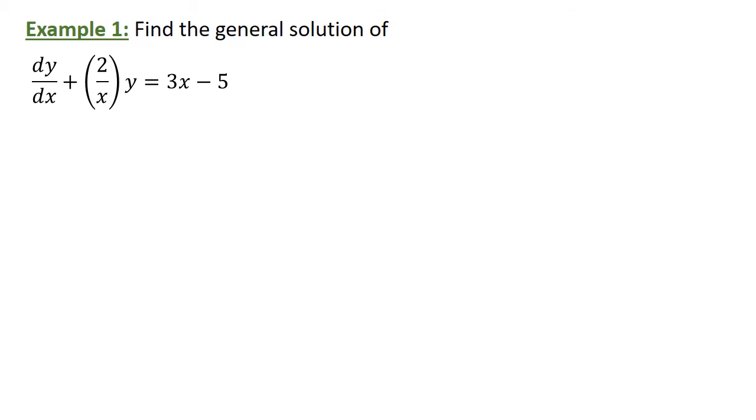Now that I know this, the next thing I want to do is identify p of x and q of x. p of x, recall, is whatever is attached to the y value, or the coefficient of y, which in this case is 2 over x. I also want to identify q of x, and that's whatever the function is equal to, in this case 3x minus 5.